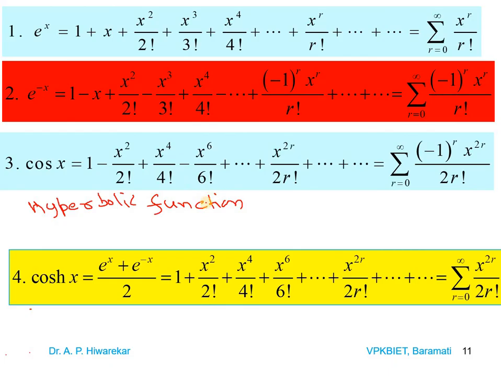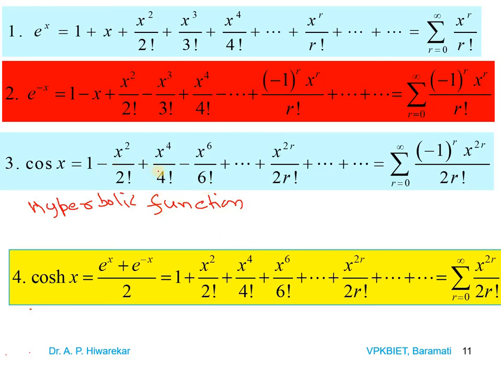Now, there is a reason why I have written these two series. Third and fourth, you just observe, and observe particularly the right hand side. In the third series, plus minus signs are there. In the fourth series, every term is plus. On the other hand, all terms are the same: 1, x square by 2 factorial, x to the power 4 by 4 factorial.